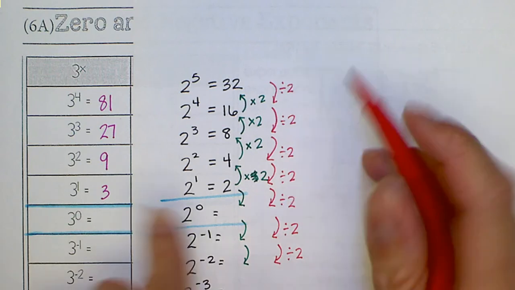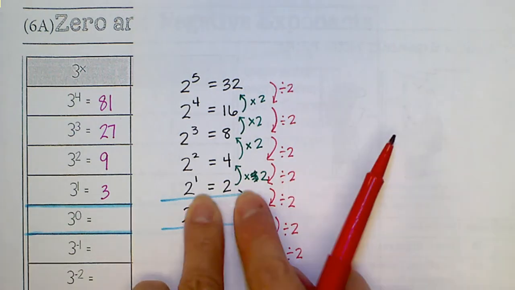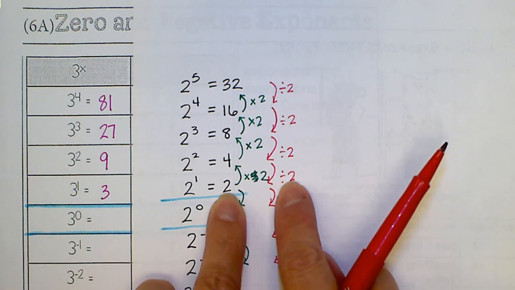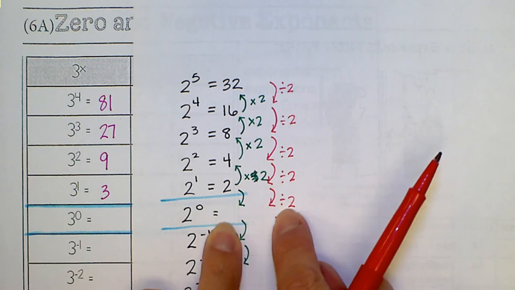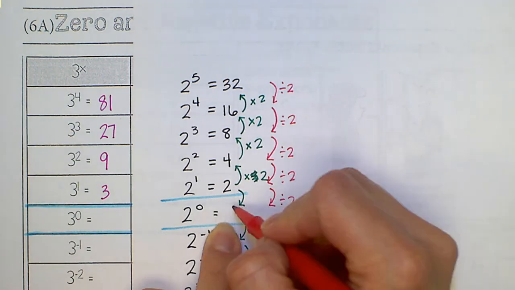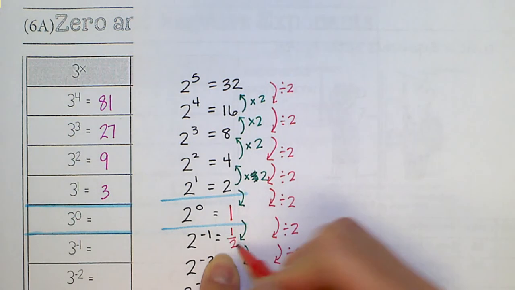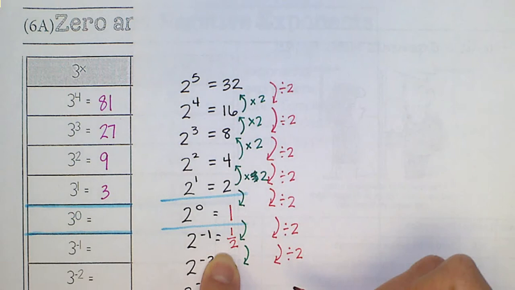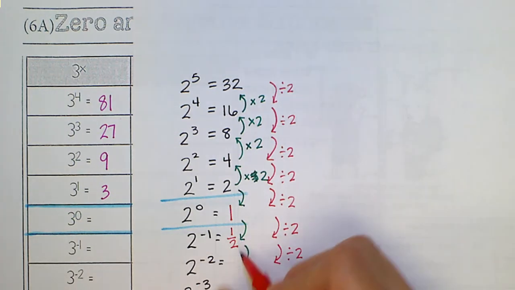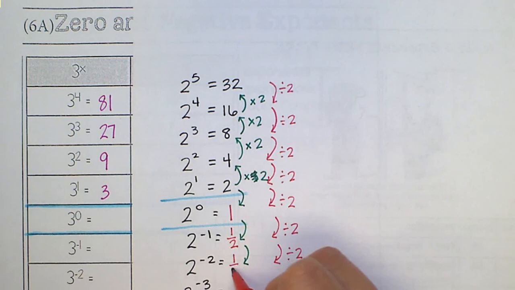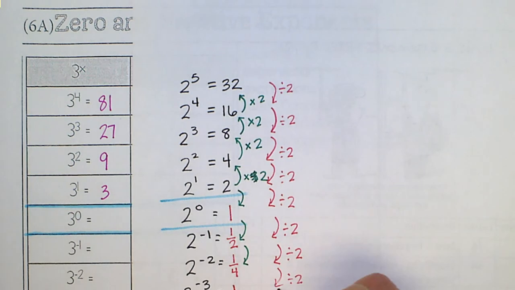So here, when I get to 2 to the first is 2, if I divide 2 divided by 2, that's 1. 1 divided by 2 is 1 over 2. Now I know some of you might want to put 0.5. Let's stay away from decimals right now. 1/2 divided by 2 is 1/4. 1/4 divided by 2 is 1/8. 1/8 divided by 2 is 1/16.